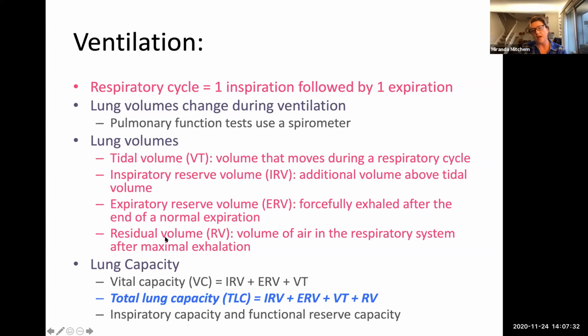So it is everything other than the residual volume, where our total lung capacity is all 4 volumes. And we'll talk about our inspiratory capacity and our functional reserve capacities as we progress through this chapter and the next, but also through lab.